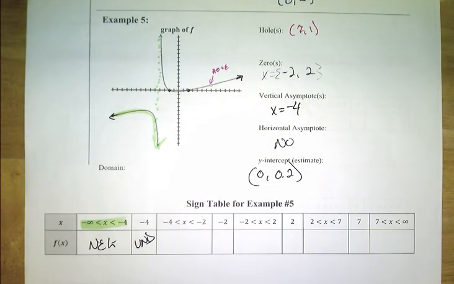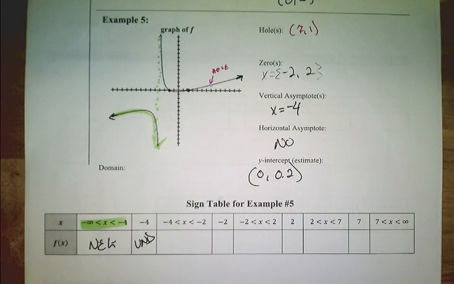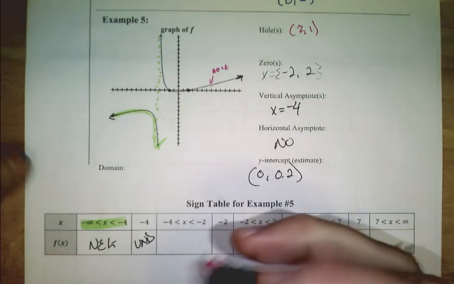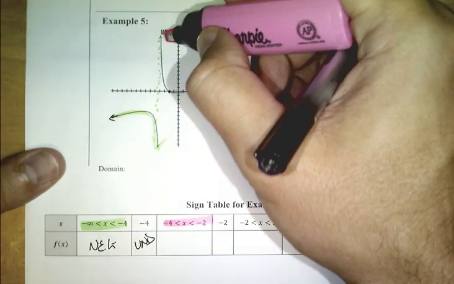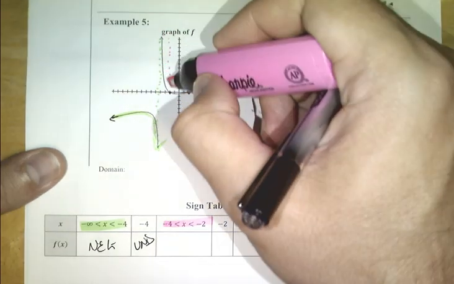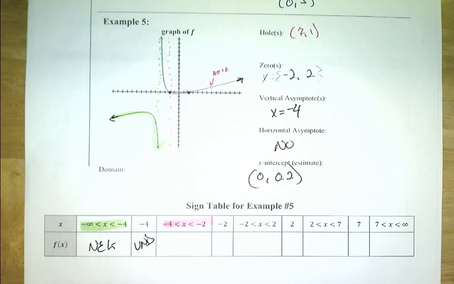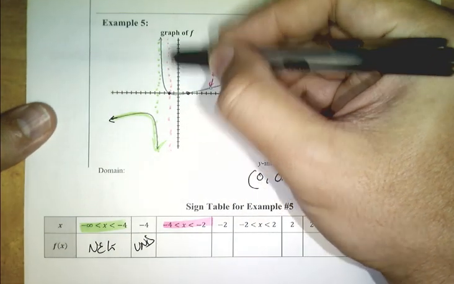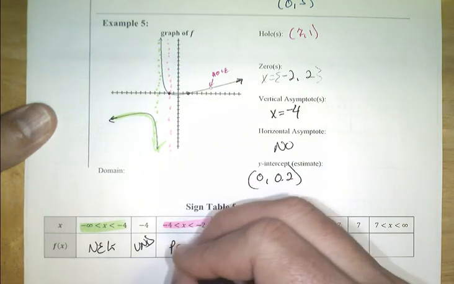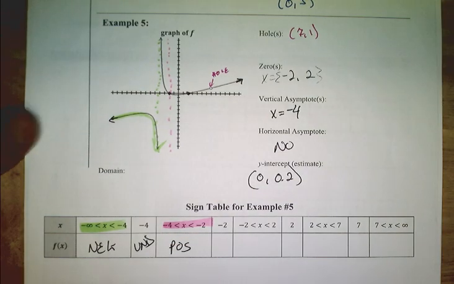And then the next section on the graph is from negative 4 to negative 2, and that is here, roughly. Everything right here is positive, so we'll have a positive section there.